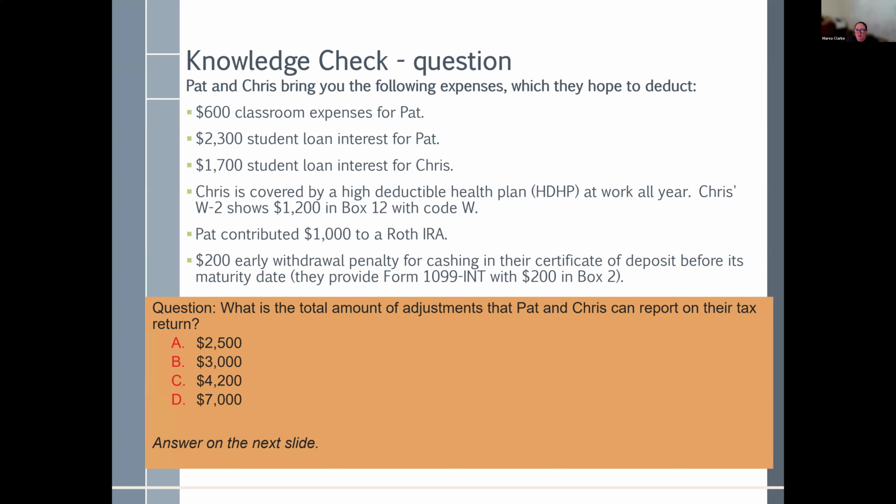So let's do this. Why don't we just use the chat? If anybody is feeling brave, why don't you give me a letter, A, B, C, or D? What do you think the total amount of adjustments they should report on their tax return is?